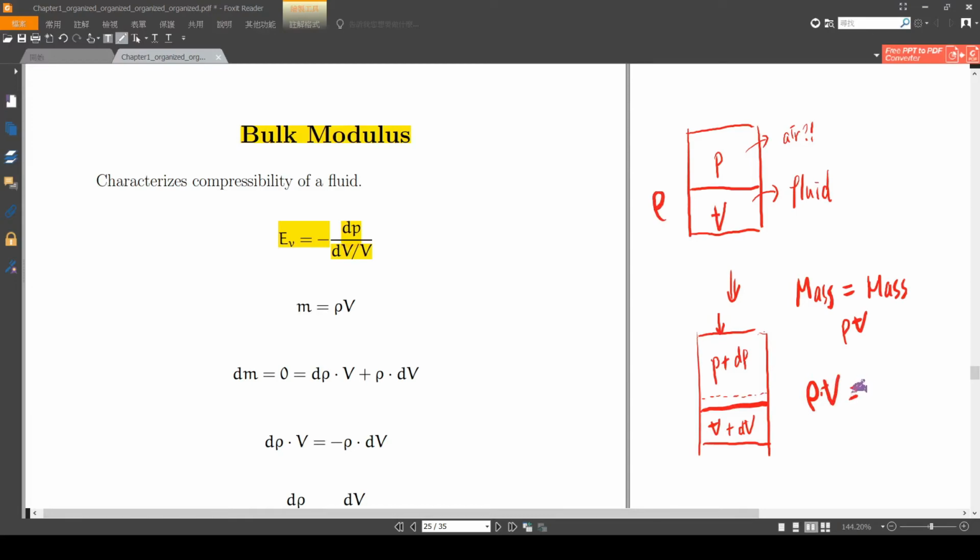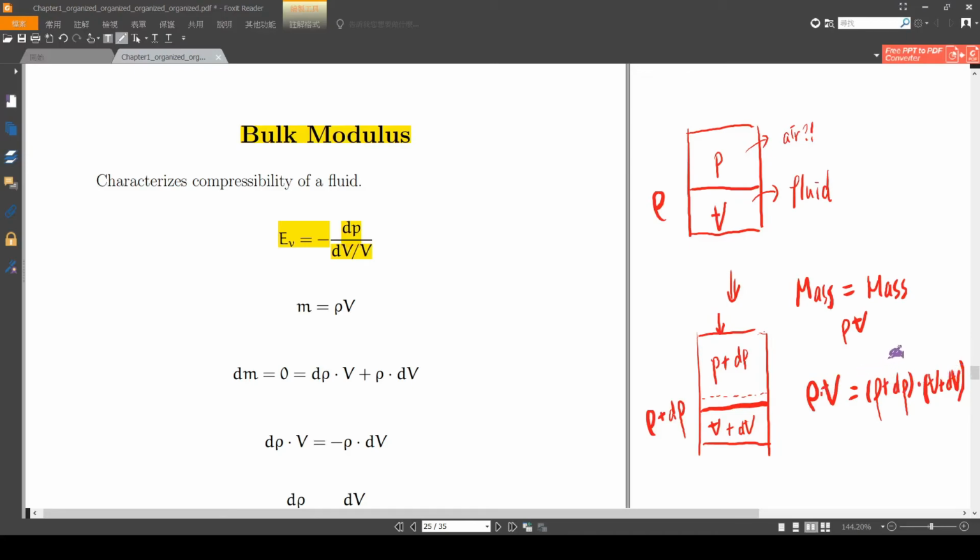And after the situation happened, the density will change, right? Because the volume changes. So the density change, we just call it the original density plus the change of the density, times the original volume plus the change of the volume.